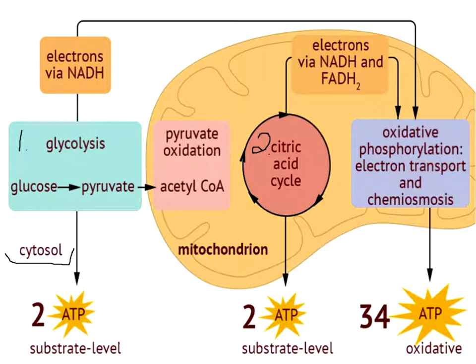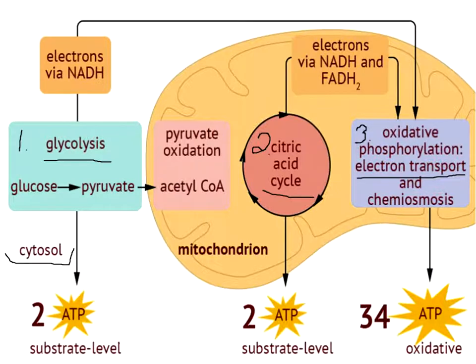Sometimes they call it the Krebs cycle. That's the second one. And then the electron transport chain. So we got the electron transport chain, the citric acid cycle or the Krebs cycle, and then glycolysis. And it happens step 1, step 2, step 3.